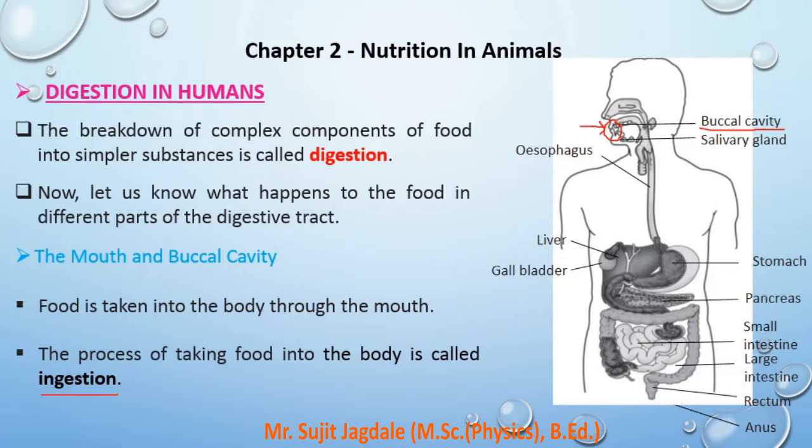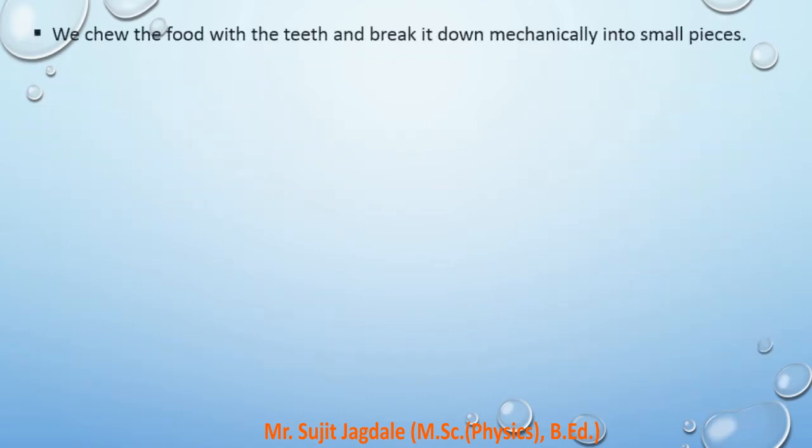Now after taking that food into the mouth, we chew that food with the help of teeth and break it down mechanically into very small pieces. We use teeth to break that food mechanically into small pieces.